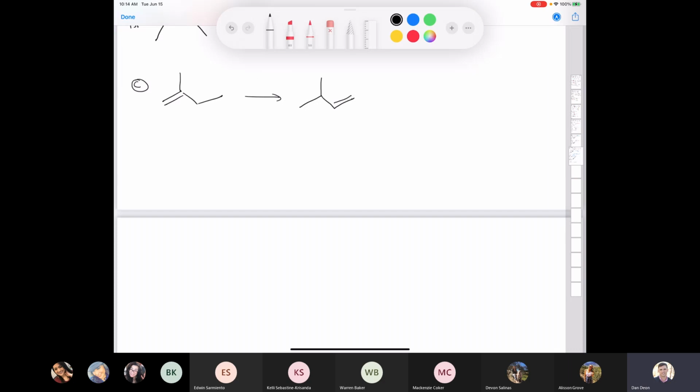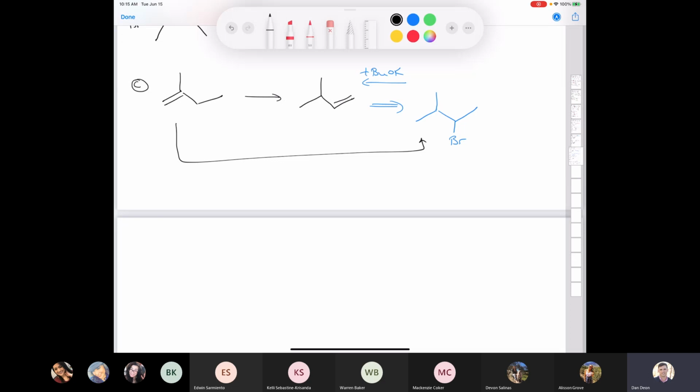Because in order to make this compound, in terms of my retrosynthesis, I need to have this alkyl halide, and then I could just treat it with potassium t-butoxide to produce the Hofmann alkene. So then how do I get from here to here?